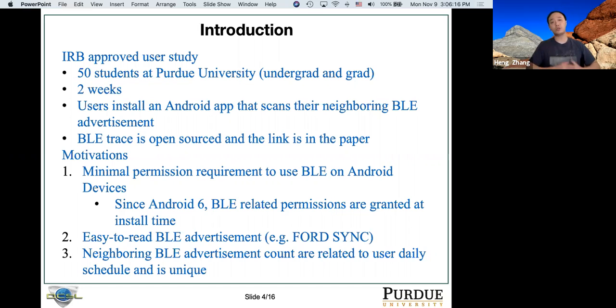Our motivation to run this kind of user study is the following. The first one is that we noticed that the Bluetooth Low Energy permission management of Android devices is actually quite trivial. Since Android 6, the BLE-related permissions are pretty much granted at install time. When users install an app, if they do not look very carefully at the description of the app, they are not aware of what the permissions are used for, and they don't actually know that some of the apps are able to do BLE operations.